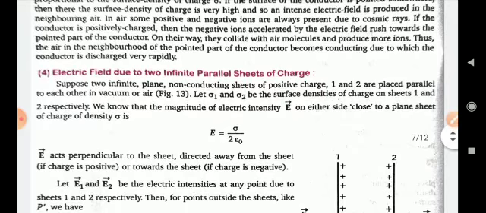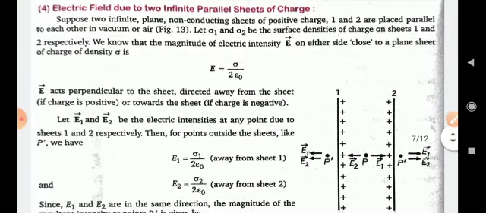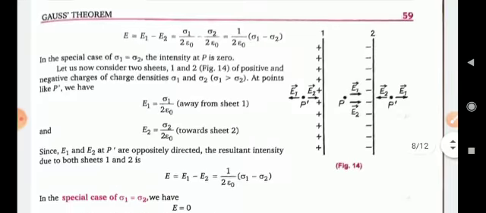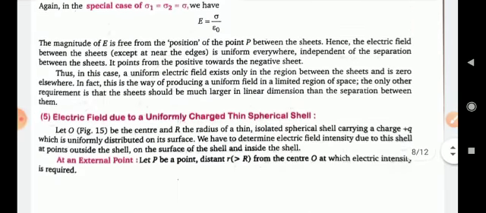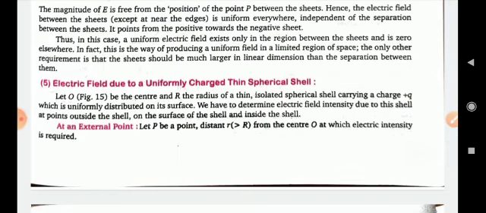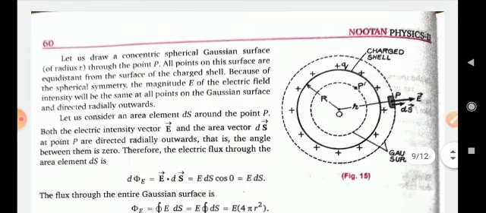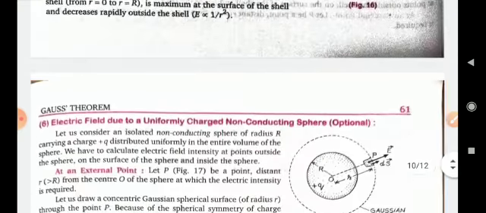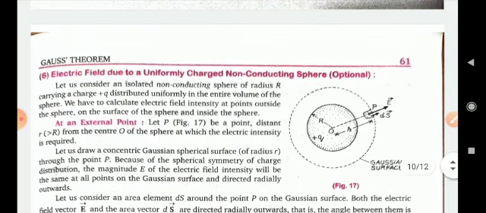Fourth point, electric field due to two infinite plane sheets of charge. Fifth point, electric field due to a uniformly charged thin spherical shell. Sixth point, electric field due to a uniformly charged non-conducting sphere.